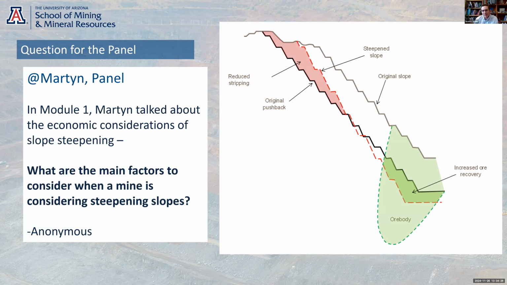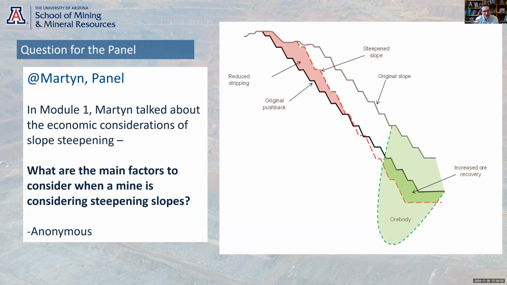One other consideration when looking at a slope steepening evaluation like this is not just the economics of the increased ore, but what increased geotechnical efforts will be needed down the line at the mine. So in other words, to do the red design, will you need increased geotechnical staff? Will you need increased monitoring? Will you need more radars? Will you need more piezometers?